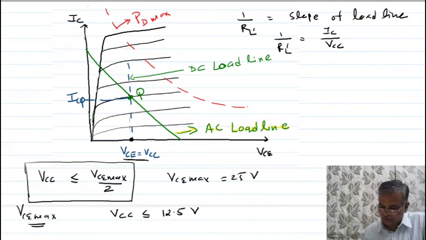See your Q point. What I have written? VCC and ICQ. VCE. So that's why I have written VCE is nothing but VCC, and this we have calculated. I think you understand. Okay.